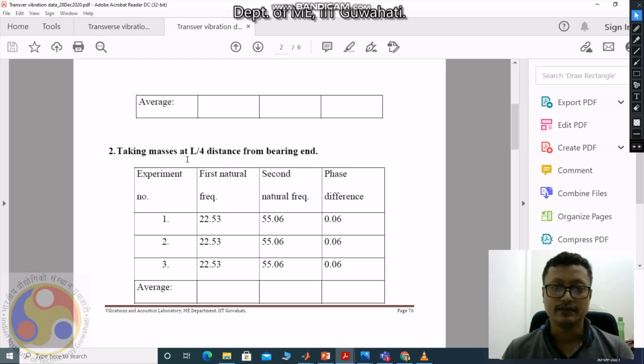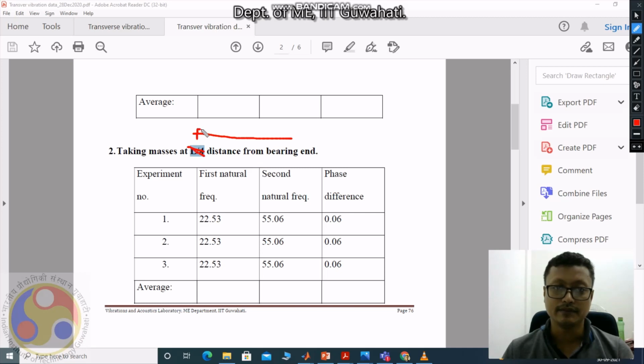Then for this next condition, we are giving this data table. Actually, this is not L4. This is a mass at the end condition. This is wrong, this is not L4.